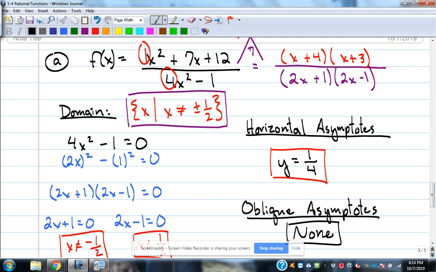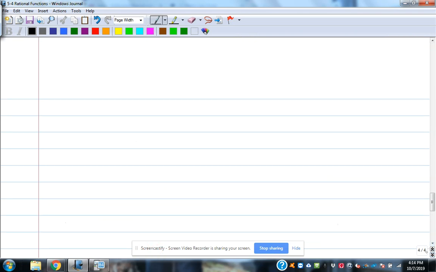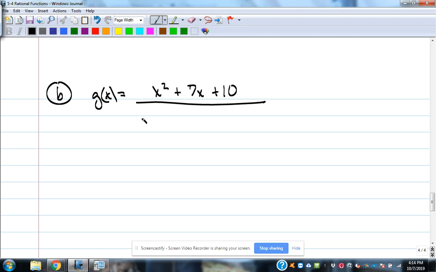So let's go on and do another example so we see some other stuff happening. Example B, g of x is x squared plus 7x plus 10 over x cubed minus 25x.